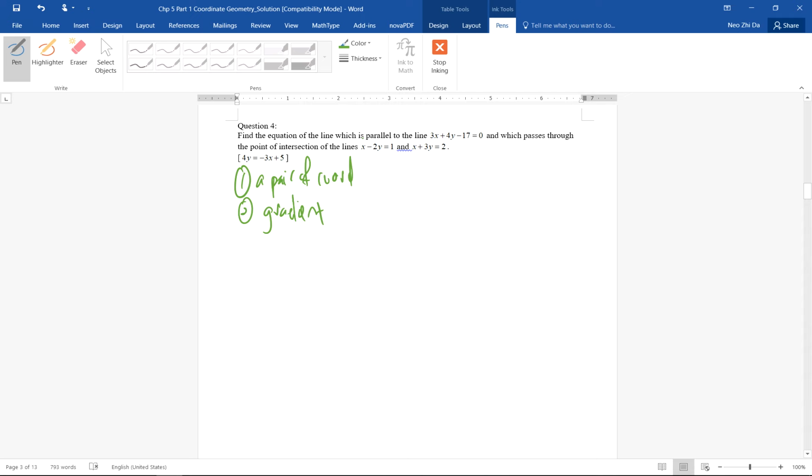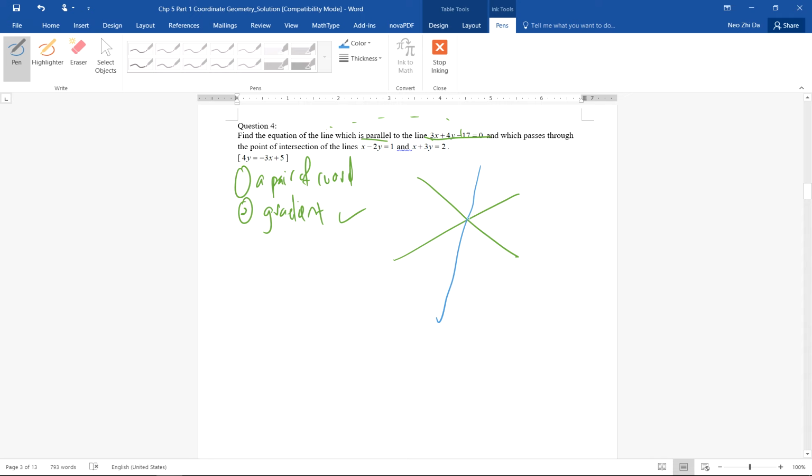Now, parallel to this, immediately you can secure the gradient. How to secure the pair of coordinates? They say this line passes through the intersection. So you have a line parallel to this line which passes through that point of intersection.